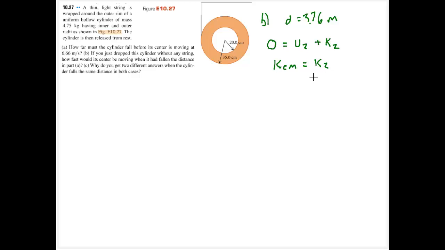We're not going to have any rotation associated with that. So we're going to say negative U2 is equal to K_cm, or negative mass times gravity times negative distance, which is what we used before, is equal to 1/2 mass velocity squared.